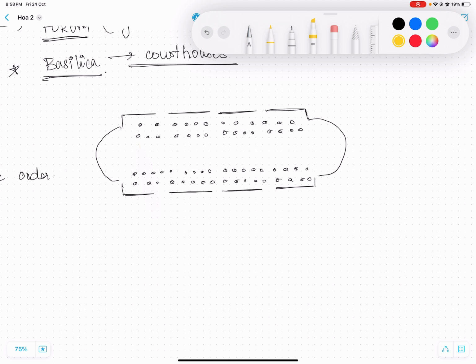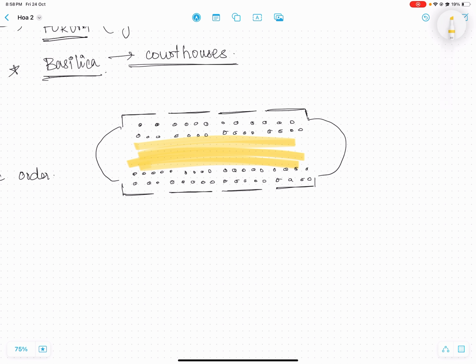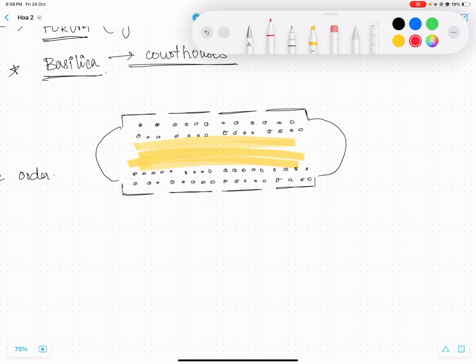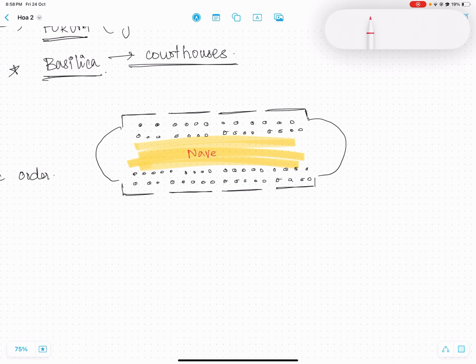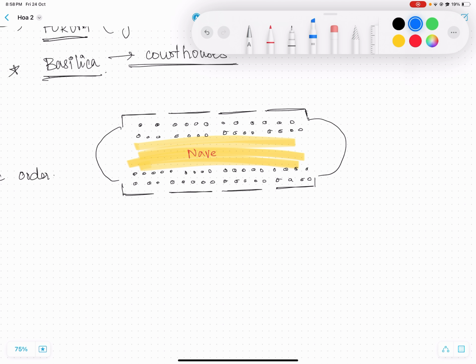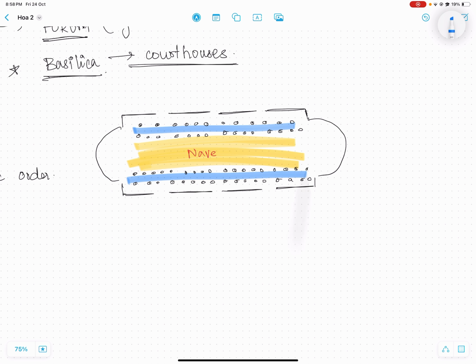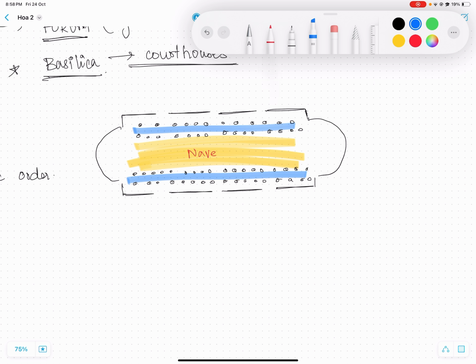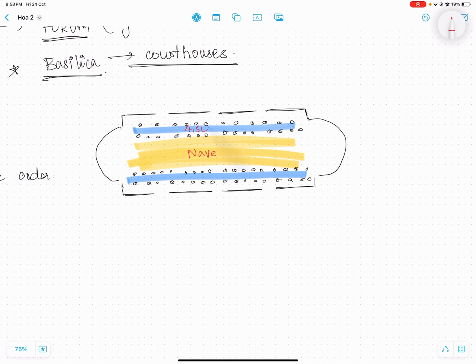So this space is your nave, and these two between the columns are called your aisles. And these are your entrances.